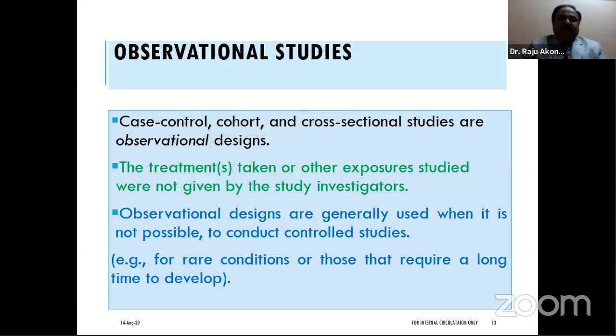Basically, the difference between observational and experimental is that the investigator is not having any say in the treatment. He is not going to suggest any treatment. Observational designs are generally used when it is not possible to conduct controlled studies. But whenever there is a possibility, you expect the experimental study results.